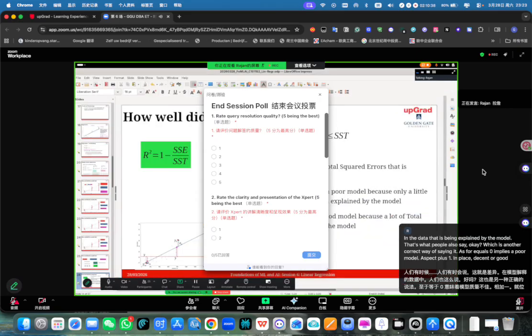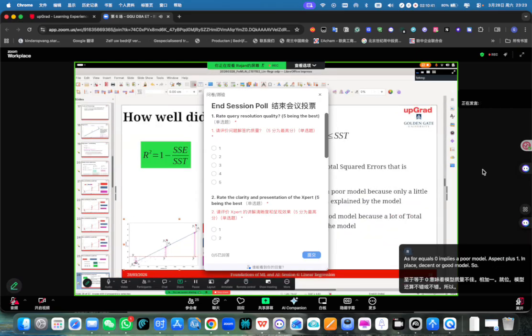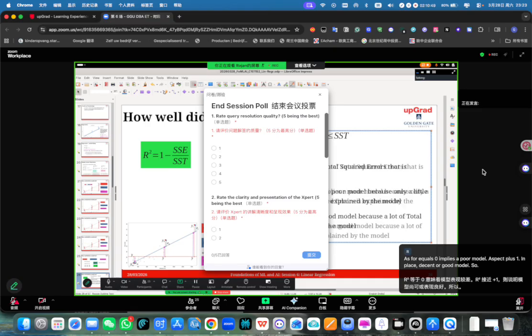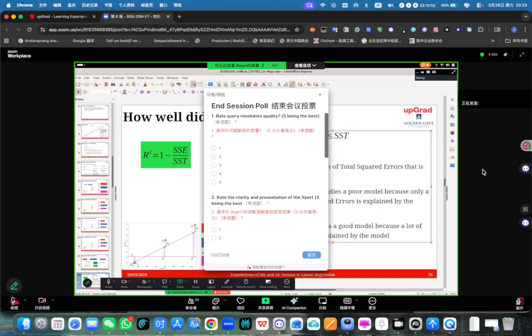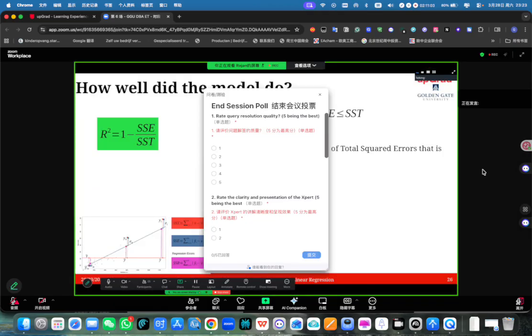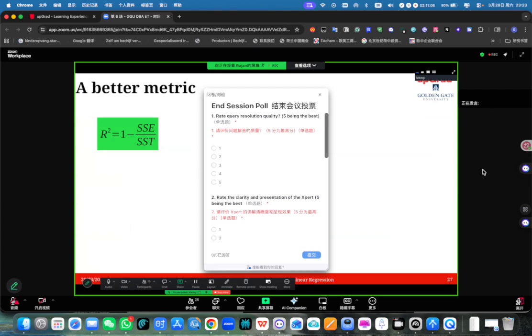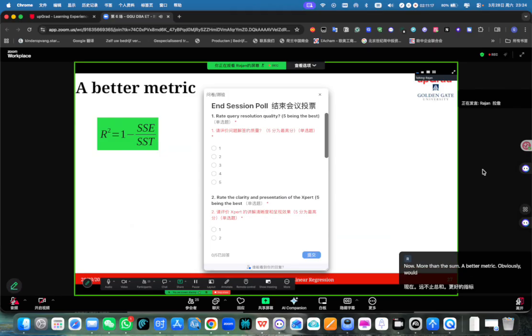Now, more than the sum, a better metric obviously would be the mean.